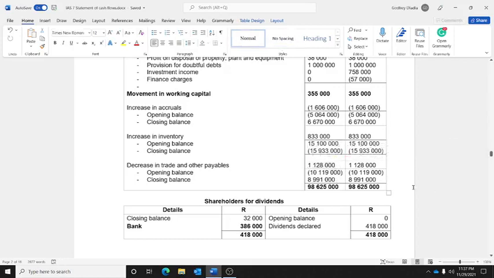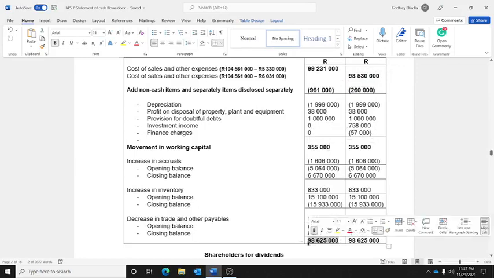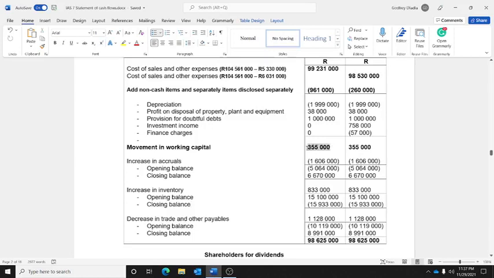Now, then we add the figures here. If I take this figure minus my non-cash items plus my movement in working capital, it should give me this figure here. So this figure here is made out of all these three: this one, and this one, and this one.